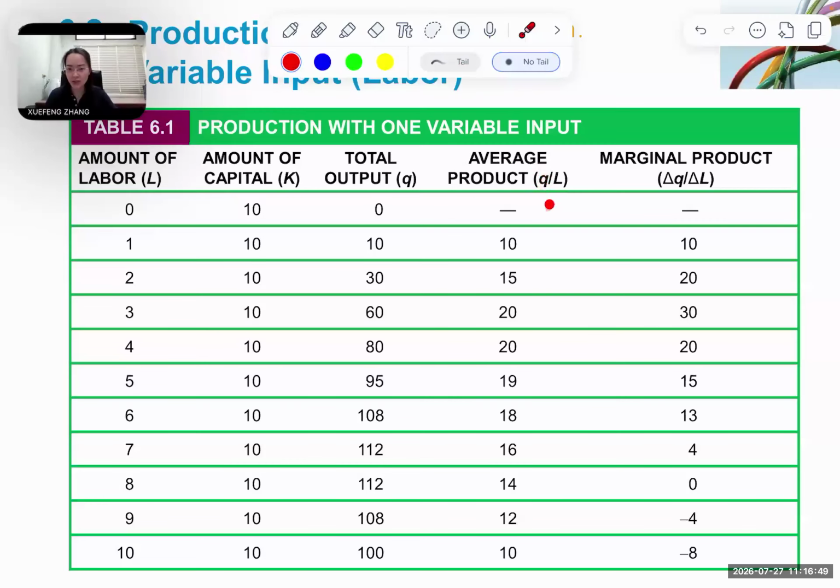Okay, you use Q divided by L. So this means output per worker, total output divided by number of workers. Next one, marginal product. All right, delta Q over delta L, which means the extra output from adding one more worker. Okay, let me repeat. The extra output from adding one more worker.